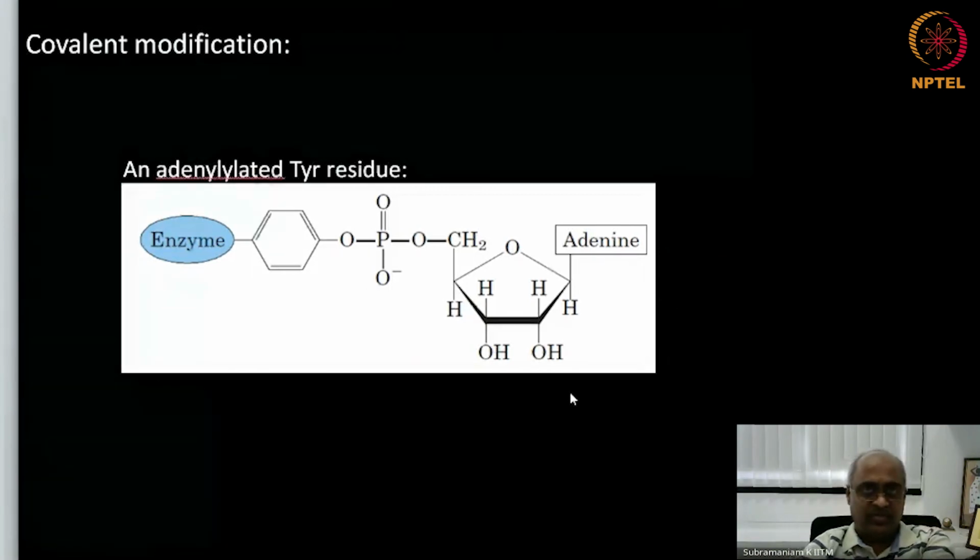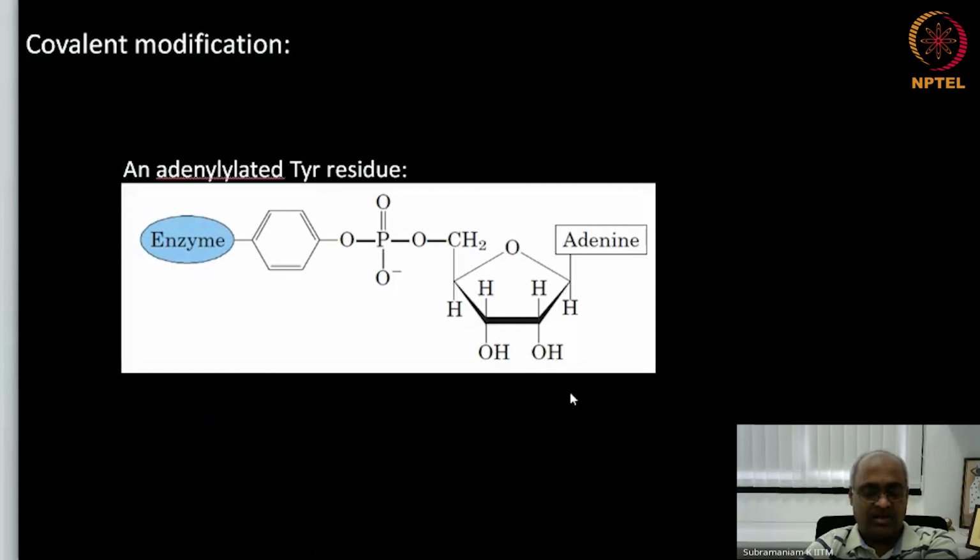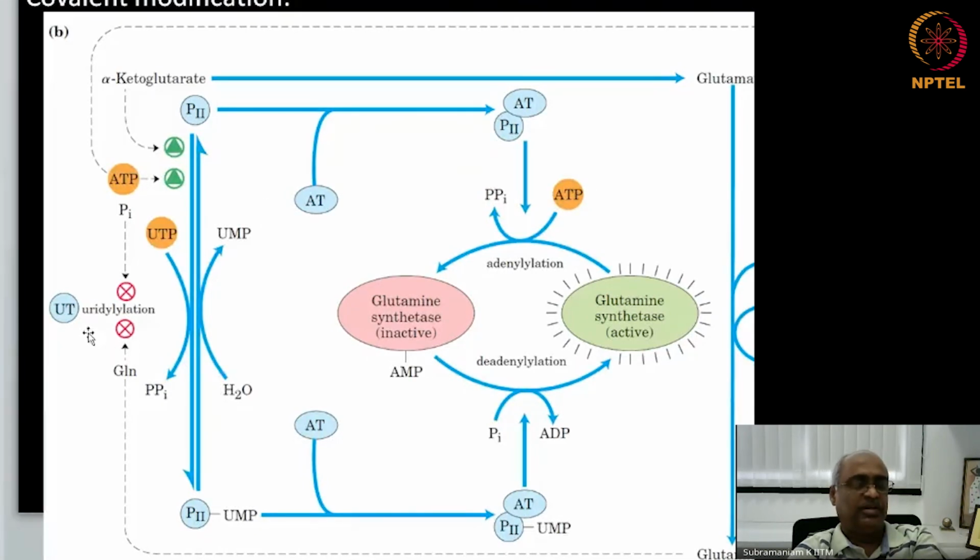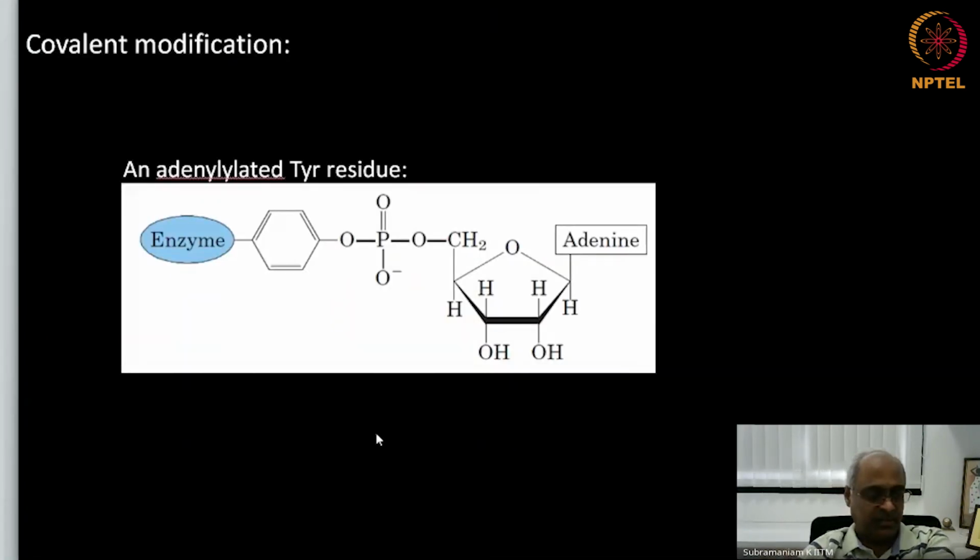In addition to it, now we have seen two levels of regulation. One, allosteric regulation, primarily by the amino acids and the energy availability, whether you have ATP or ADP. Second is this complex covalent modification. And the third is that this enzyme, this UT, also acts as a transcription activator or inactivator of the glutamine synthetase gene itself.